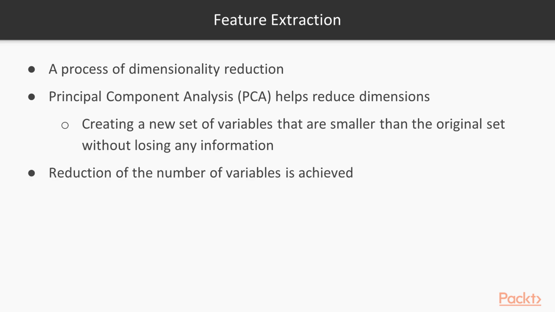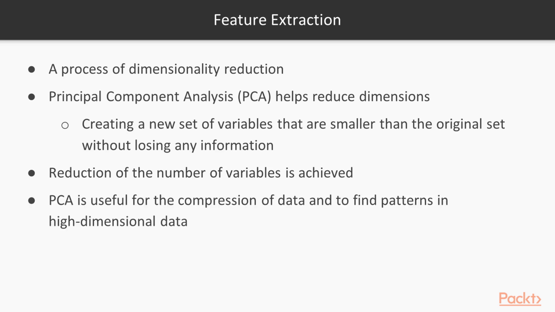This is done by obtaining orthogonal linear combinations of the original variables. PCA is typically used on very high dimensional data. Our data set does not have a lot of dimensions, but since this is an introduction course, we're going to still use PCA on this data set and then see what impact it has on the model.